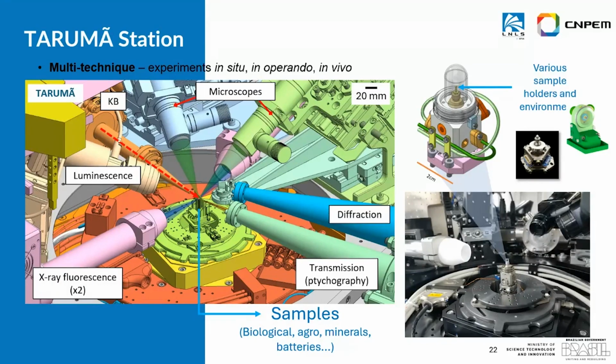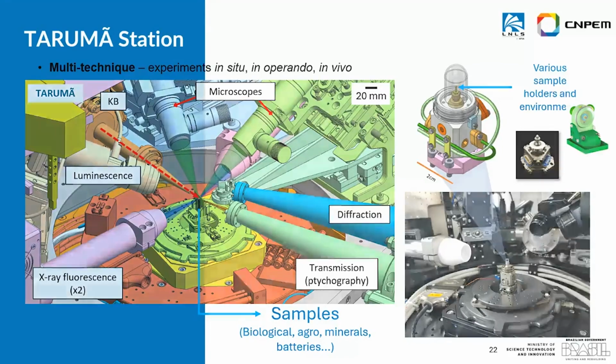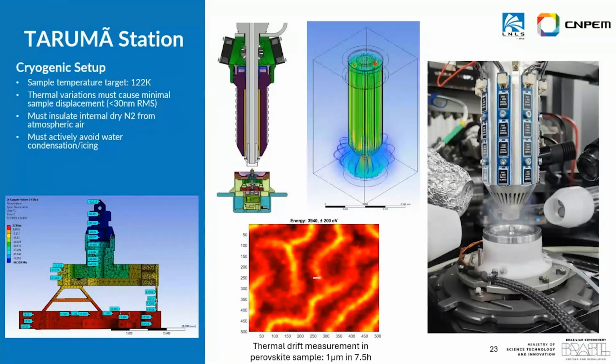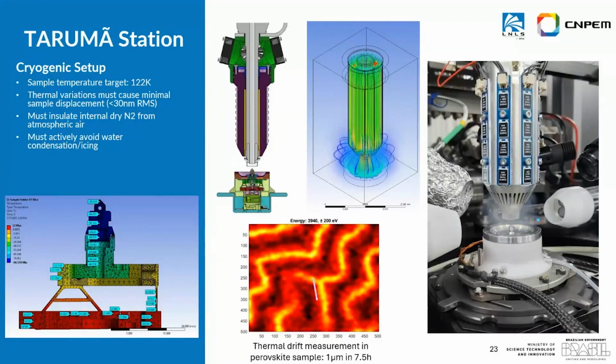And even in ambient conditions, like in this case, there's a cryogenic setup where we submit the sample to an environment of 122 Kelvin, and it has to be very, very dry.